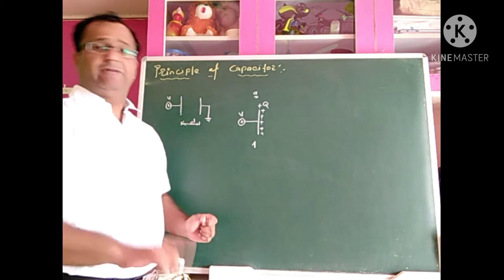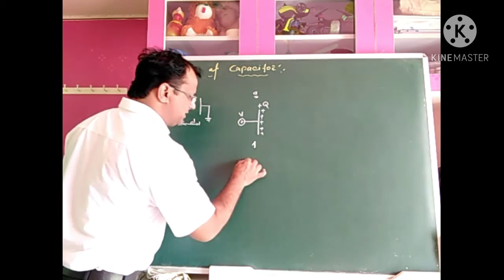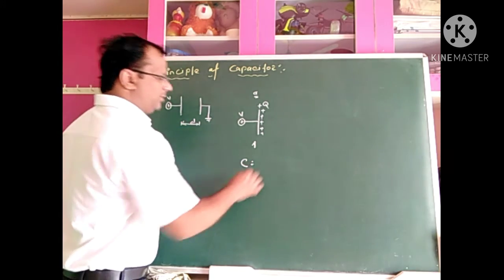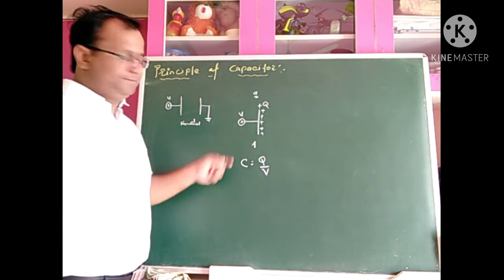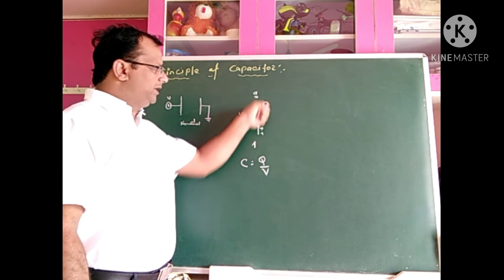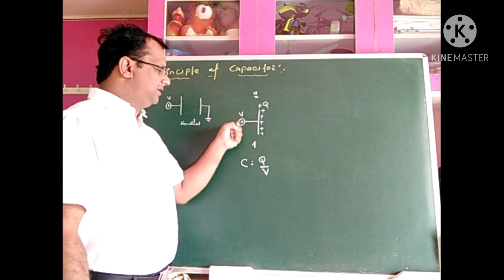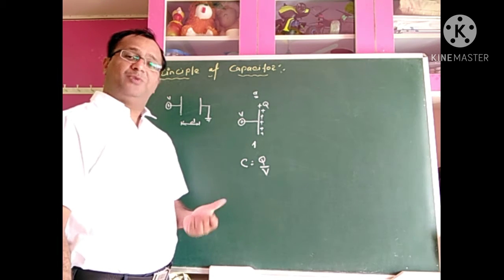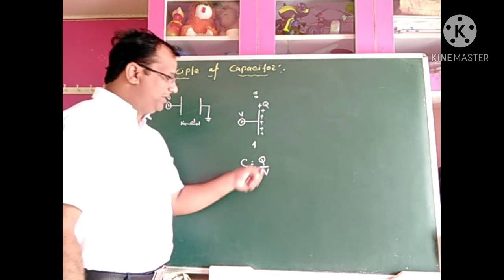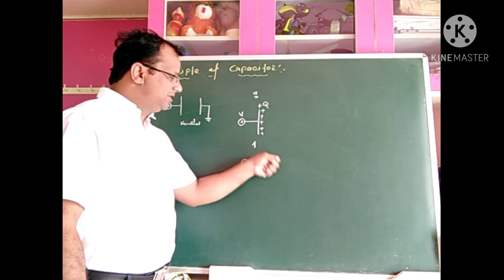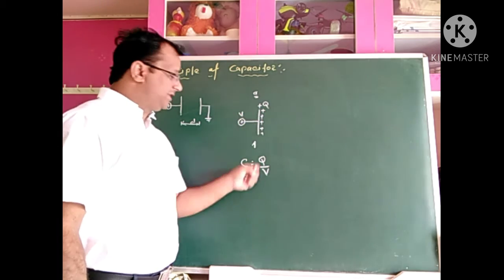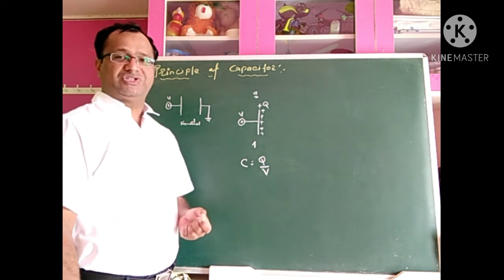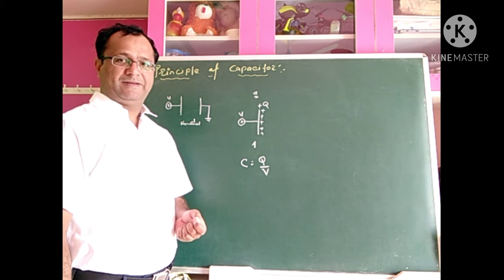For this case the capacitance is C, which equals Q upon V. If we want to increase the number of charges, we must increase the potential also. It means this ratio remains the same, so the capacitance does not change.